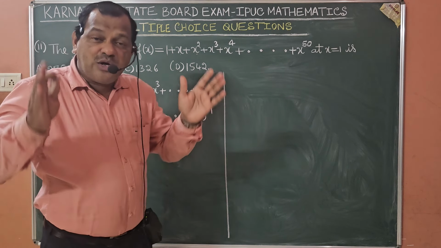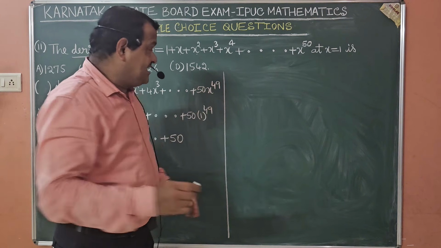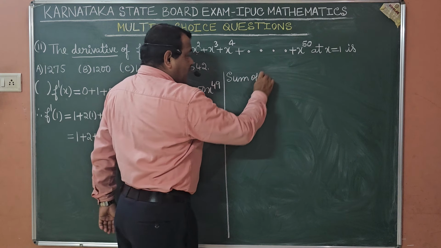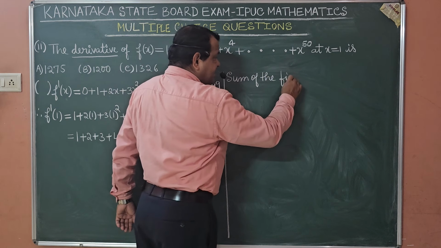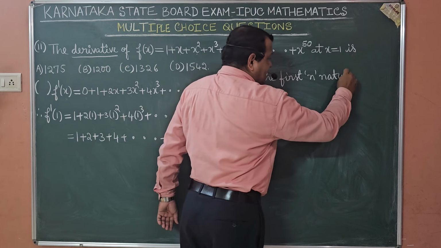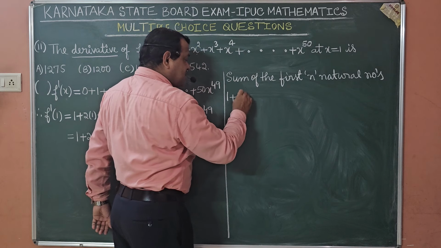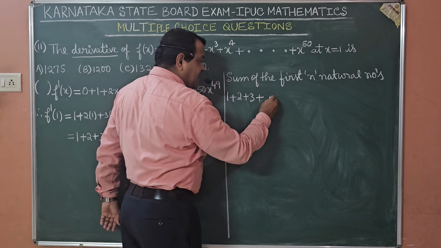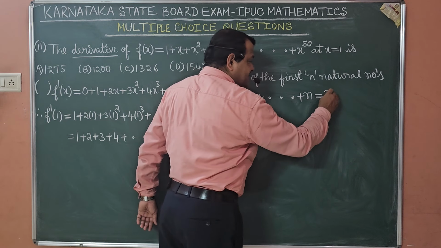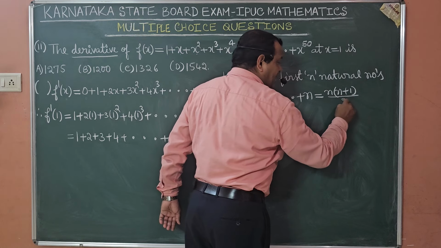Hence you need to remember a formula for the sum of the first n natural numbers. I will write on this side: when you write this mathematically it looks like this, 1 plus 2 plus 3 and so on plus the last number n, and this sum is n into n plus 1 divided by 2.